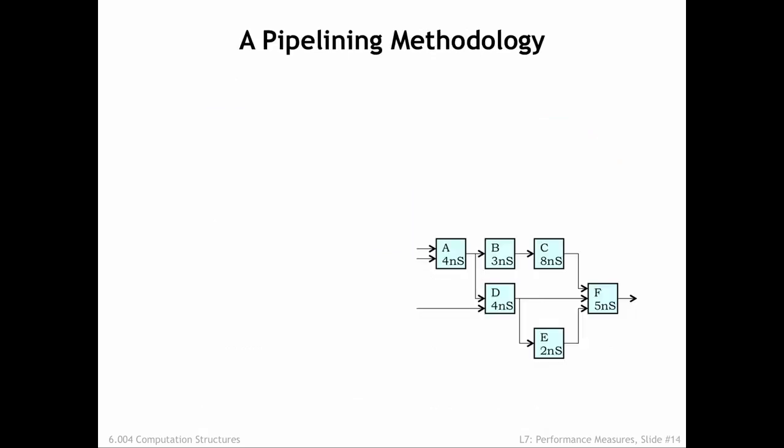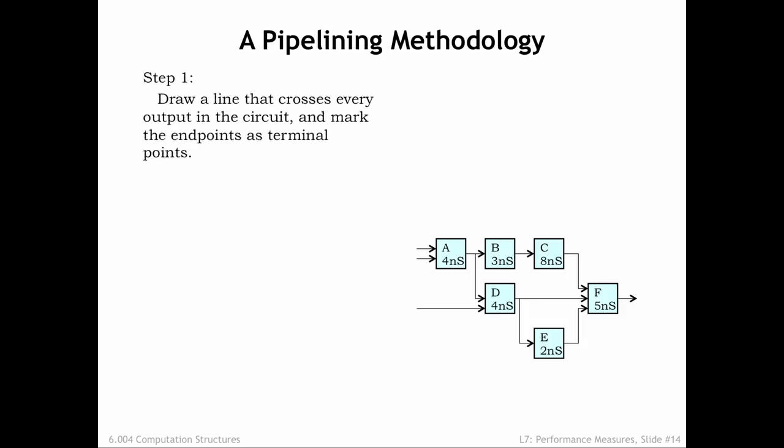Here's our strategy that will ensure if we add a pipeline register along one path from system inputs to system outputs, we will add pipeline registers along every path. Step 1 is to draw a contour line that crosses every output in the circuit and mark its endpoints as the terminal points for all the other contours we'll add.